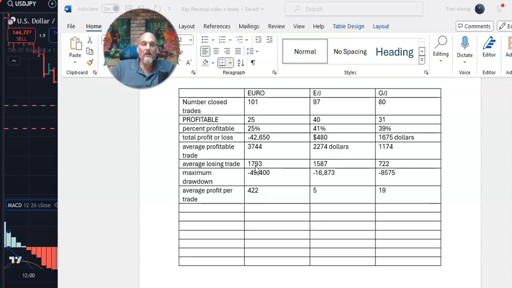However, the drawdown was 49,400. That's a significant drawdown. If you have a $50,000 account over that 3-year period, you'd lose it. Your average profit per trade was $422, which is also pretty respectable. I think that for any system the accuracy has to be there.